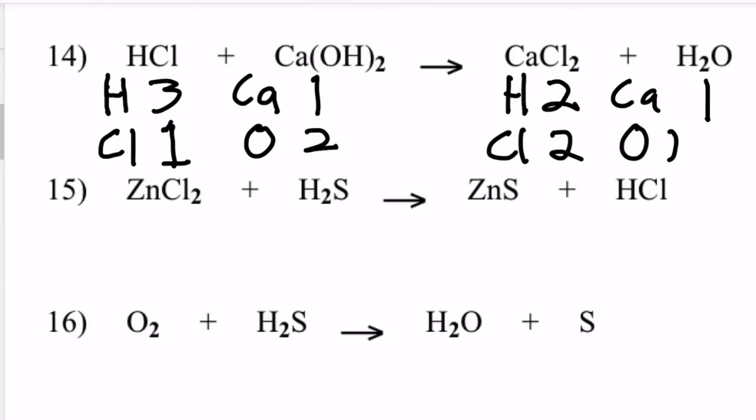What I want to do is add a coefficient to the front. Let's just try 2 because it's a nice pretty number. Now what does that do to my equation? Well, now my hydrogens have changed. I have 2H2, 2 times 2 is 4.